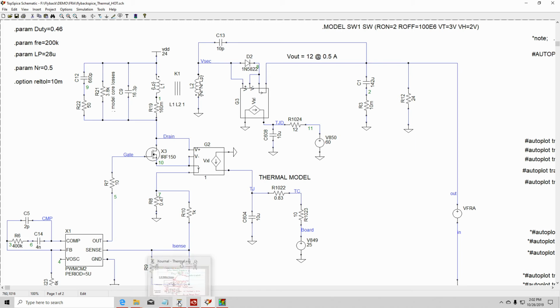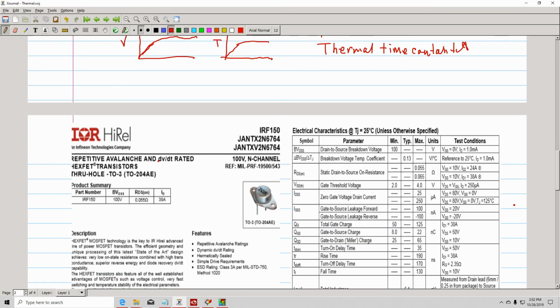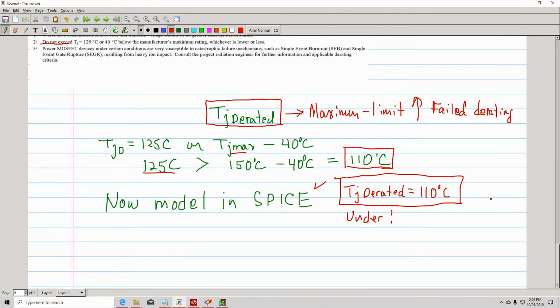Since this is switching on and off, remember the power is V times I. So the power, if you were to plot it, looks like this. When it's conducting, there is power, and when it's turned off, you have 0 power. So the capacitor will average this. That's what you really want. You want the average temperature.